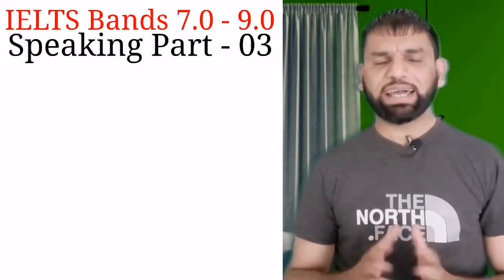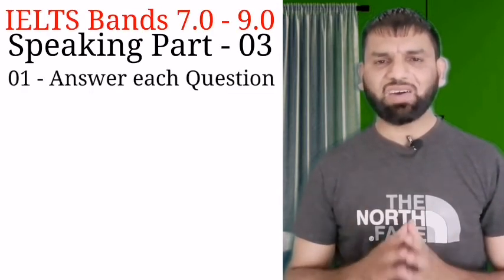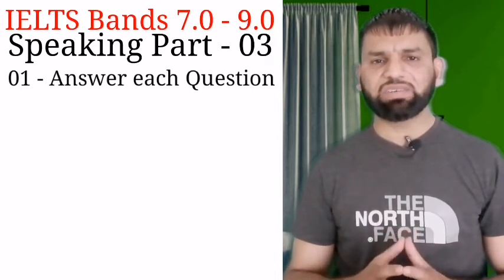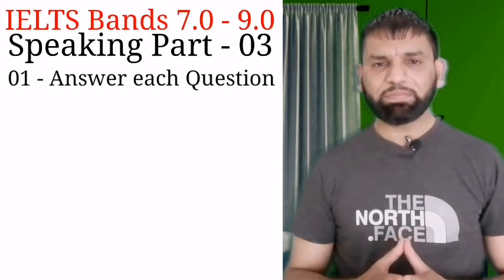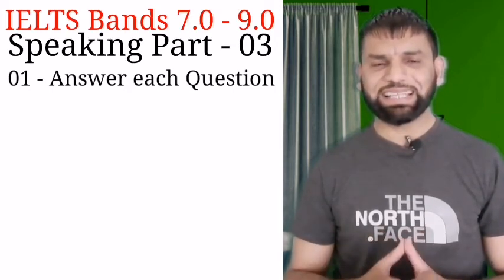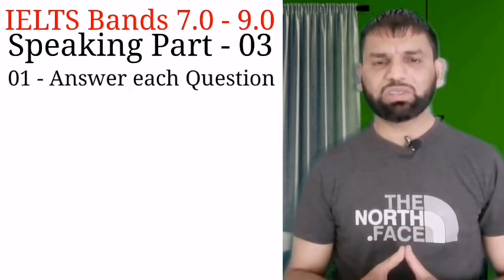On the other hand, the students who take 7 to 9 bands answer each and every question in part 3. For example, if the examiner asks them, what are the advantages of online shopping?